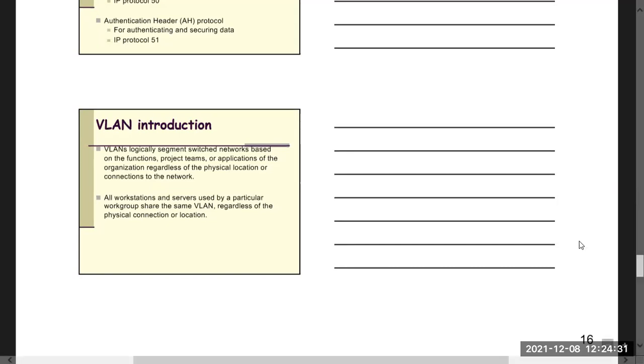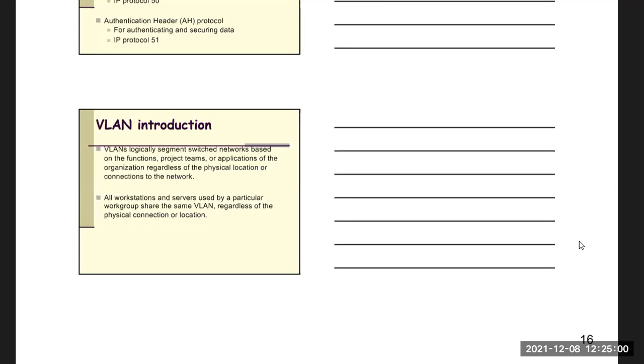All the workstations or servers used by a particular work group share the same VLAN, regardless of physical connection and location.